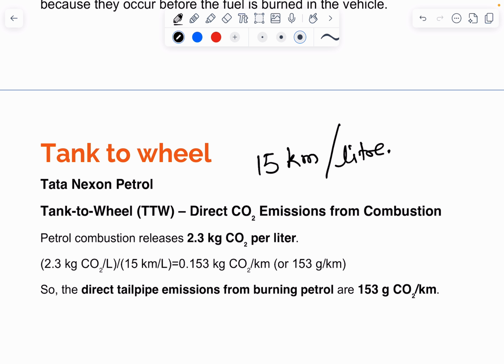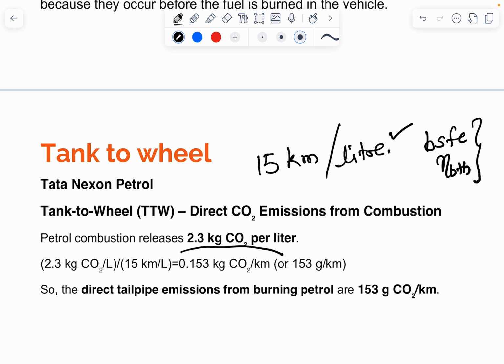So the petrol vehicle, I'm assuming, is going to give me an average of 15 kilometers for every 1 liter of petrol. And this number would come from the brake specific fuel consumption, or what is known as the brake thermal efficiency of the petrol car.